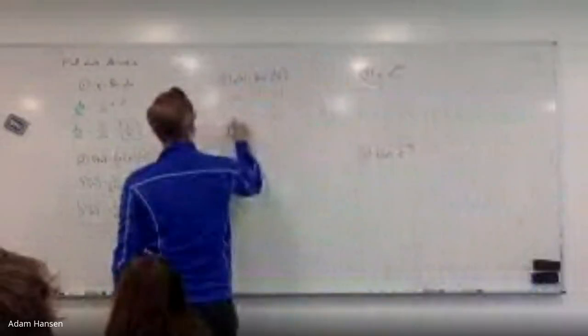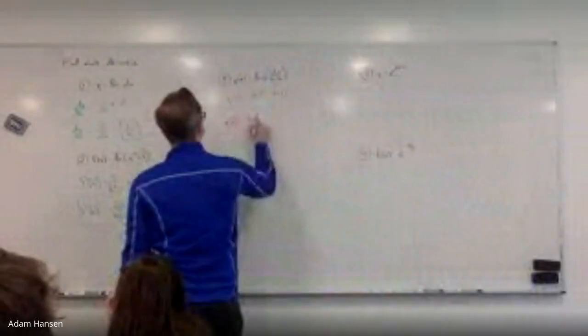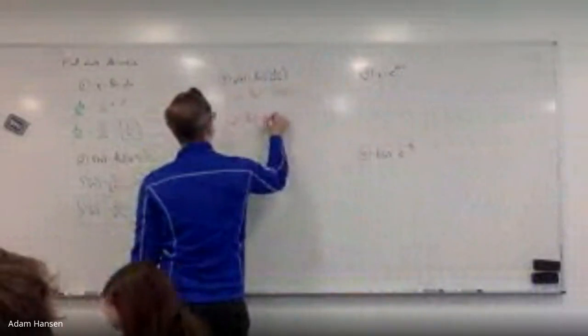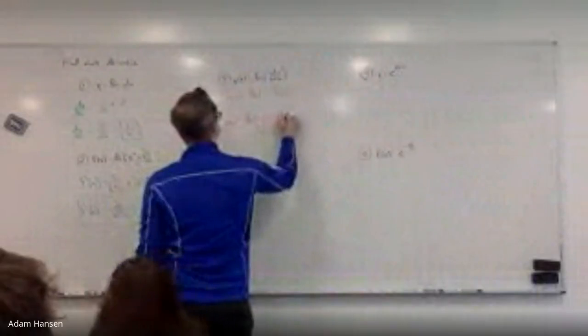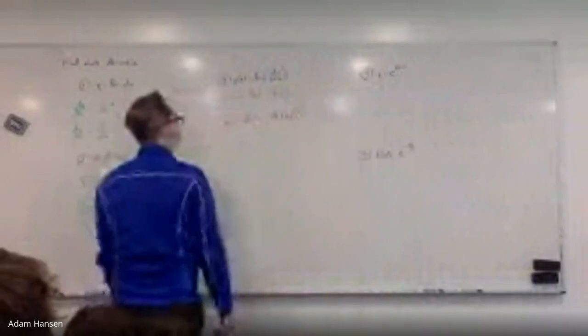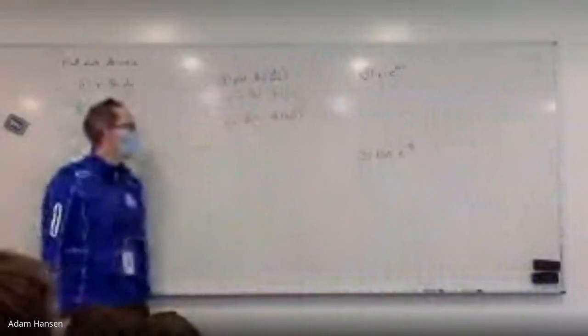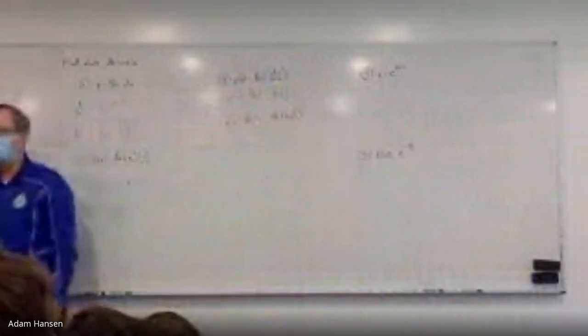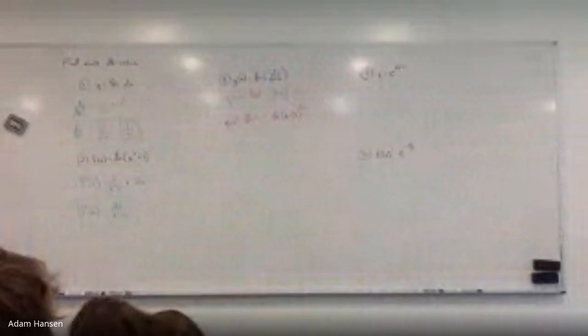So g of x equals the natural log of 1 minus the natural log of x minus 3 to the 1/2. What do I do with the 1/2 now using these log properties on the back wall?